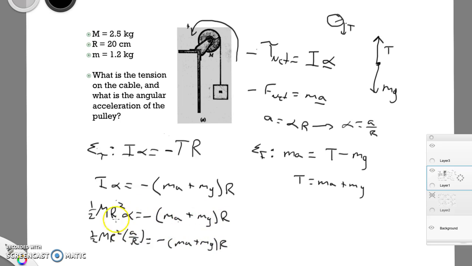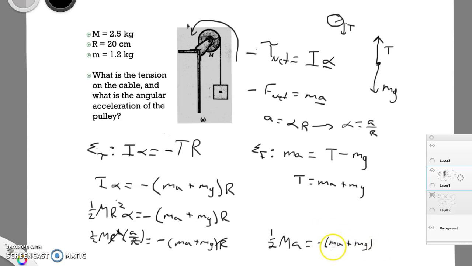So what we can do now, this r will cancel with that one. We can divide this one over as well. And so in this case, the radius won't even matter, even though we did know what it was. We'll use it later to calculate the angular acceleration. So 1/2 times M times a equals negative of (ma plus mg).